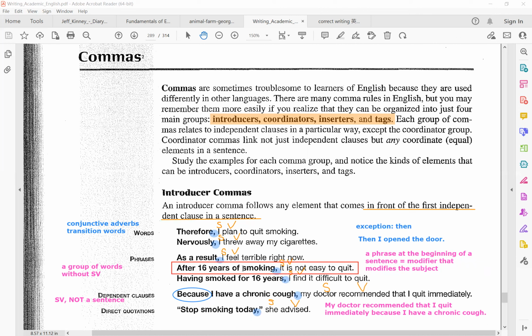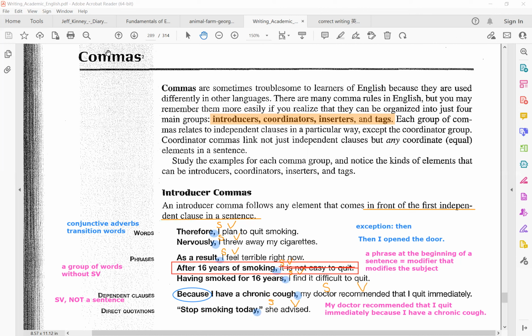So in this case, who would be smoking after 16 years? It would actually be a person. So instead of using it is not easy to quit, the correct way would be I find it hard to quit. Your subject needs to be I, actually.